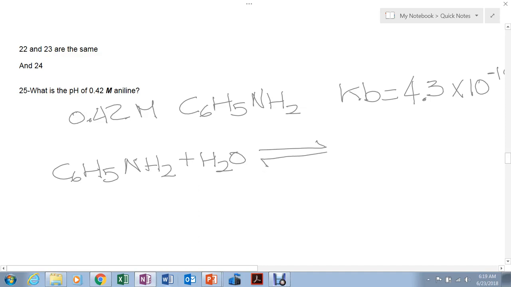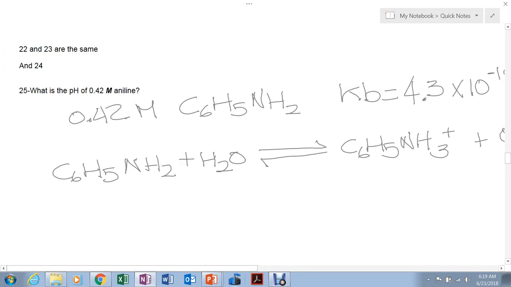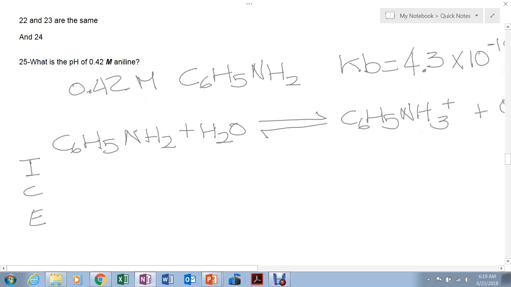So it's going to be C6H5NH3 plus OH negative. So I see again, if they don't give you the Kb, what are you going to do? You only have the concentration of the base and that's it. You can't do anything then.